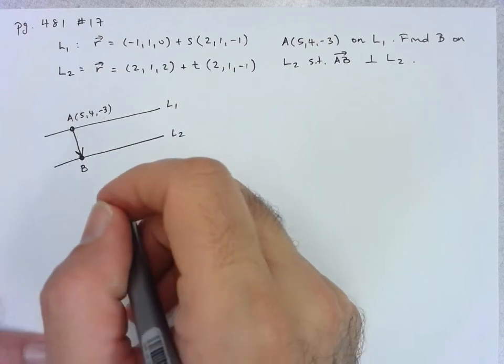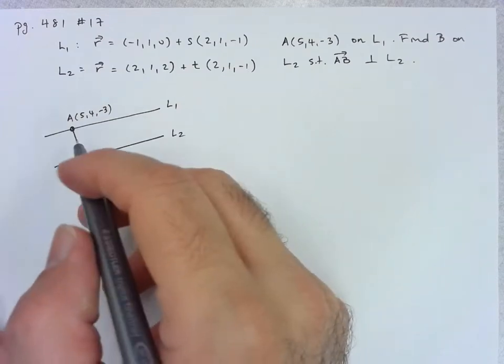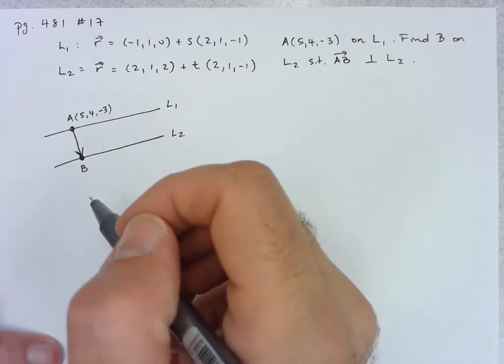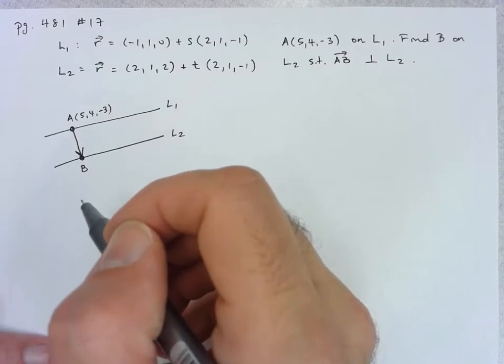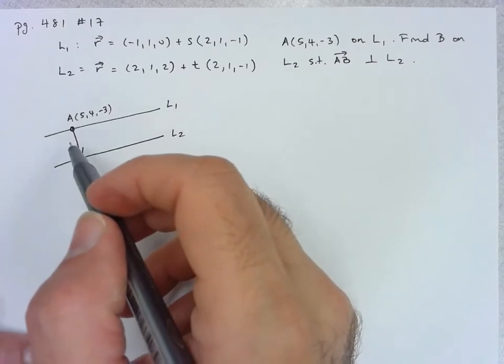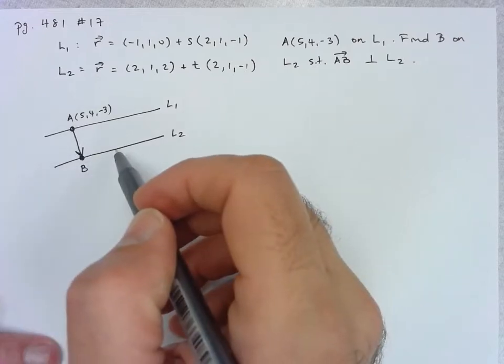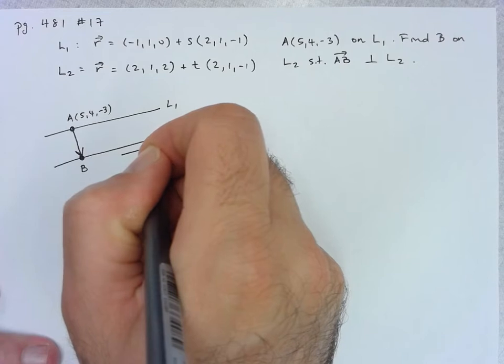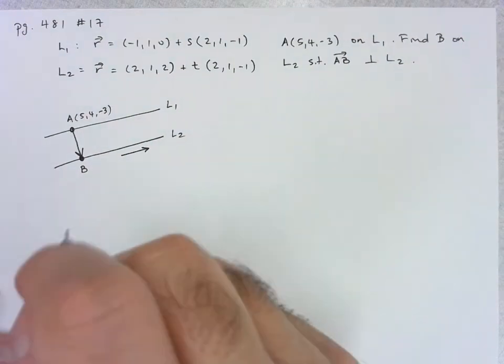is perpendicular to L2. Now, as soon as you hear about a vector being perpendicular to another vector, hopefully you're thinking about the dot product being equal to 0. Of course, I can't take the dot product between a vector and a line, but I can take it between a vector and another vector, namely the direction vector, which is parallel to L2.